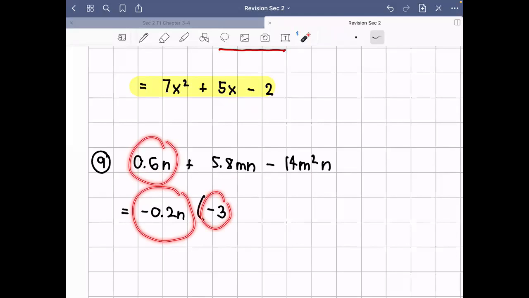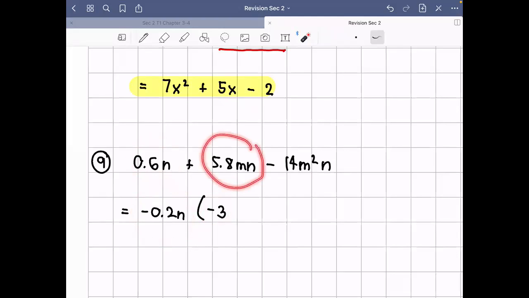And then next is 5.8mn divided by negative 0.2n. So we have 5.8 divided by negative 0.2. So you get negative 29m. Do you have any question, class, with this? So n is no more. Only m is left, right?